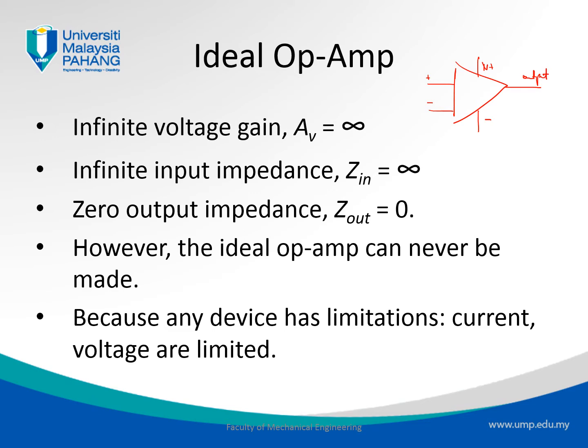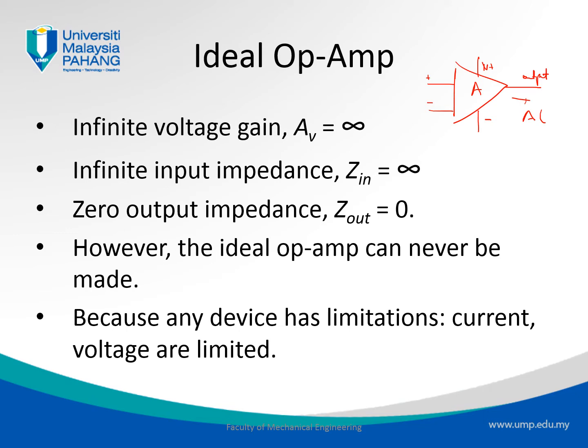It is called an operational amplifier because when we give an input to it, the output will be a multiplication of the difference of the input. So it will be a gain A multiplied by a combination of the inputs.